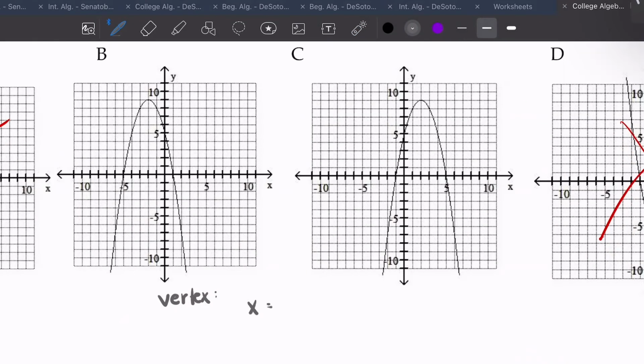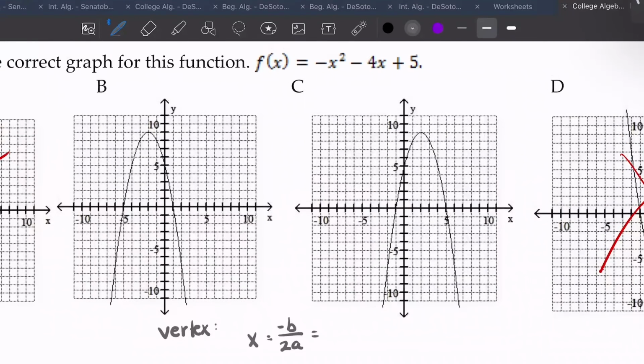Okay, x equals negative b over 2a. So it's already negative, so I'm going to make it positive. So it's going to be a positive 4 over 2 times negative 1, which is 4 over negative 2, which is negative 2.